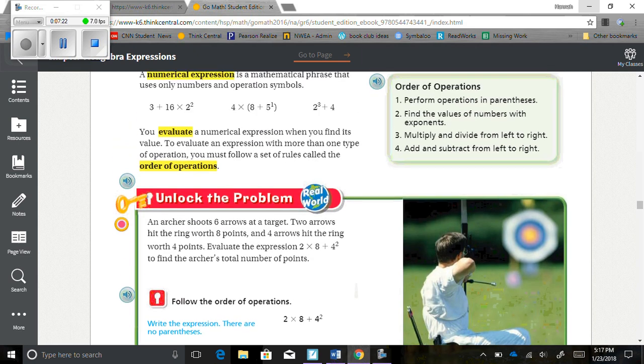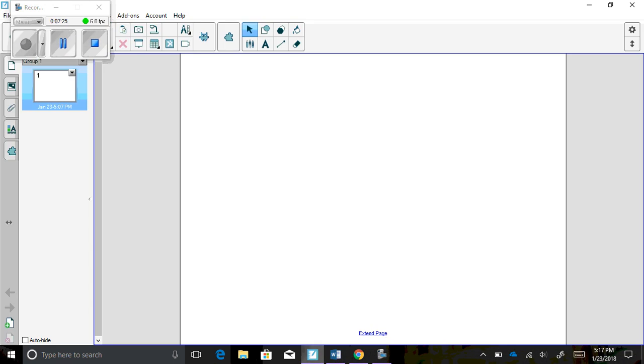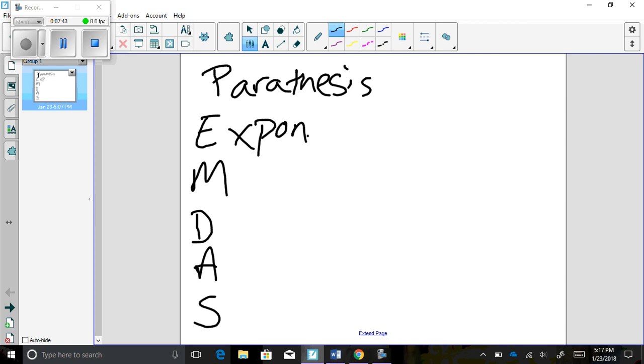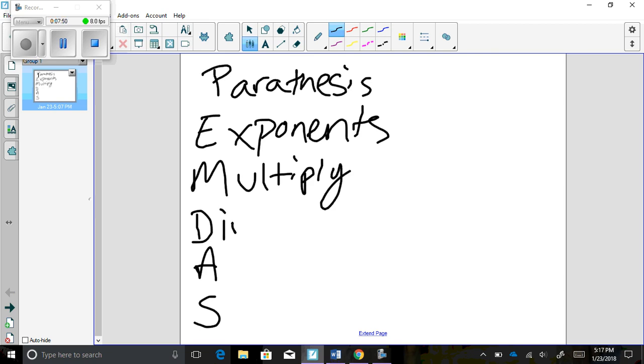For just a refresher on that, we have parentheses, exponents, multiply, divide, add, subtract.